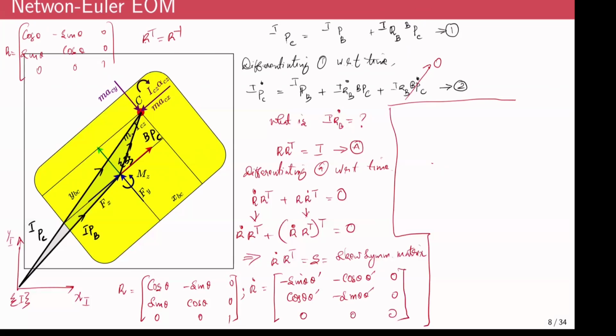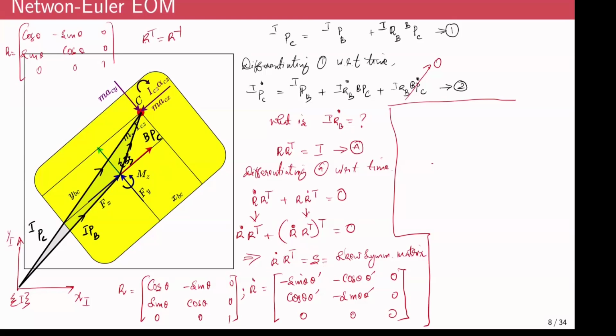So if that is the case, how would this R dot R transpose look? We have R dot, we have R transpose, and we can multiply both of them to see how R dot R transpose would look. We expect a skew-symmetric matrix, right? Let's see if that is the case.